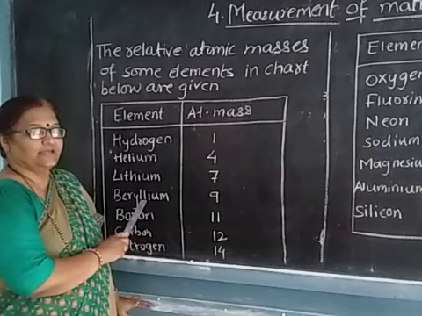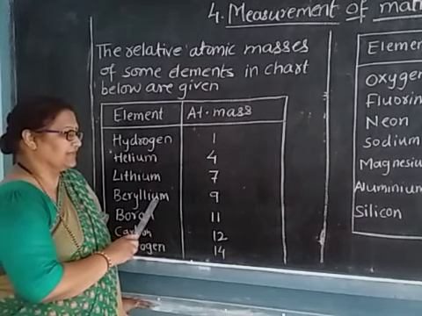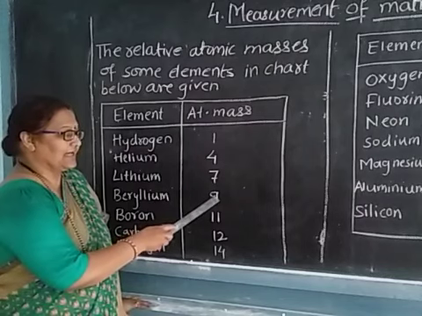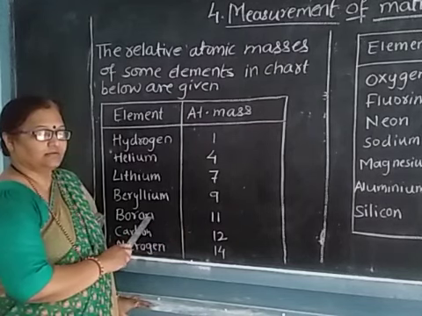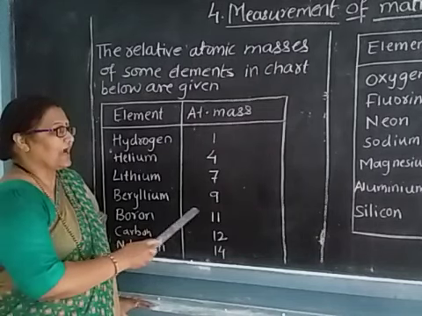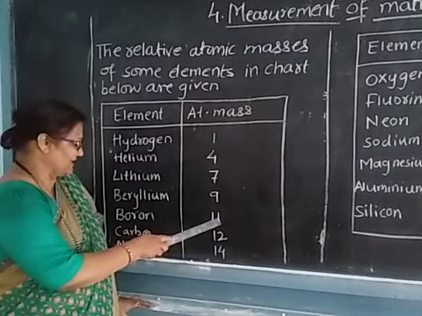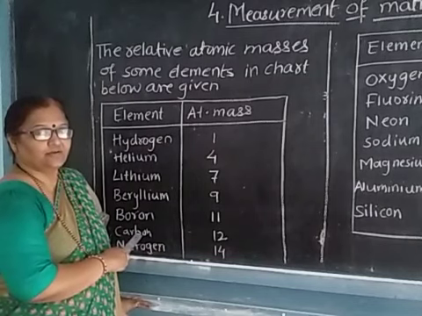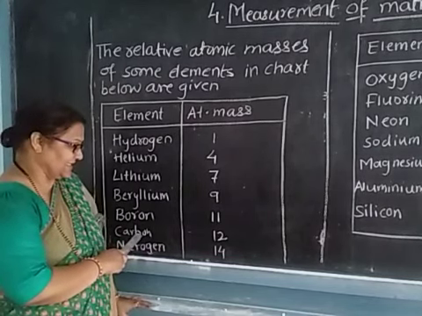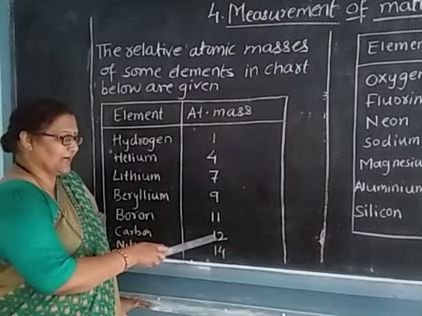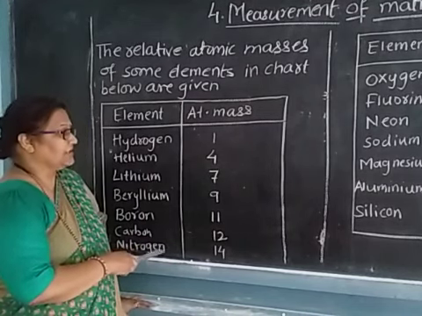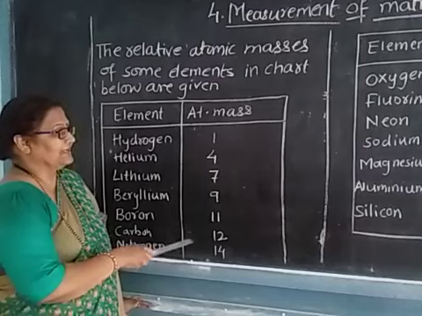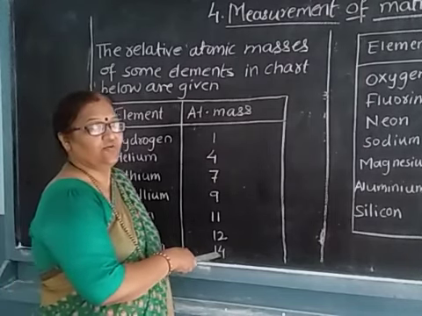Beryllium, formula Be, atomic mass 9. Then boron, formula B, atomic mass 11. Carbon, formula C, atomic mass 12. That of nitrogen, formula N, atomic mass 14.